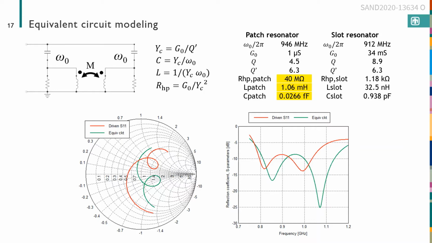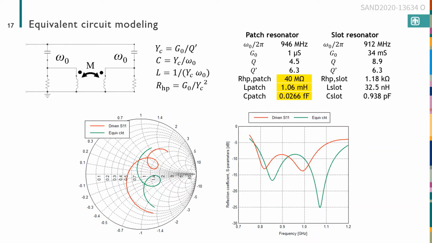So here on the Smith chart, it doesn't look like these overlap that great, but if you plot the log magnitude response, it's actually not too far off. There's just a 10% shift. And the reason for that is that in the Huang and Lee design, the probe is exactly at the center of the patch. And that leads to these very strange values for the patch resonator, 40 megaohms and a millihenry, and not even a femtofarad of capacitance.